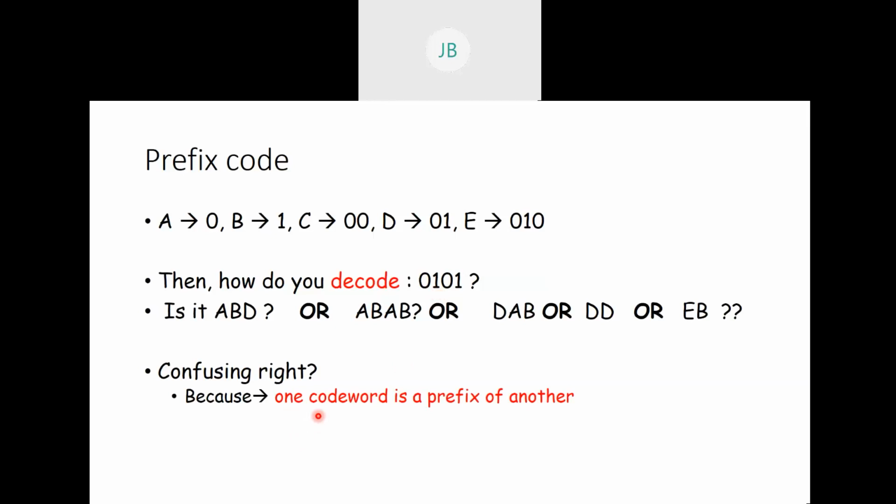The main reason is that one code word is a prefix of another. For example, here 0 is a prefix of 0, 1. Or if you see each bit here, 0, 1, you have a prefix here. So in this case, every symbol is represented by a different or unique code word.